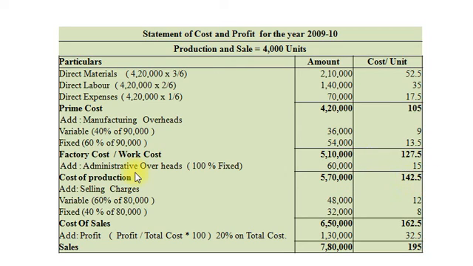142.5. Now in cost of production we will add selling overheads, which is 60% variable, amount to rupees 48,000, and per unit rupees 12, and 40% fixed amounts to rupees 32,000 and per unit rupees 8, and total we get 6,50,000 as a cost of sale and 162.5 per unit.